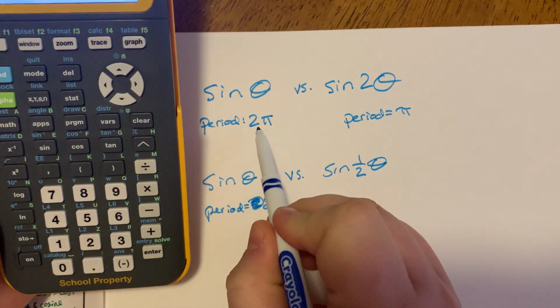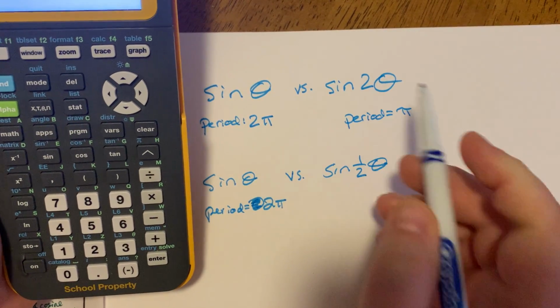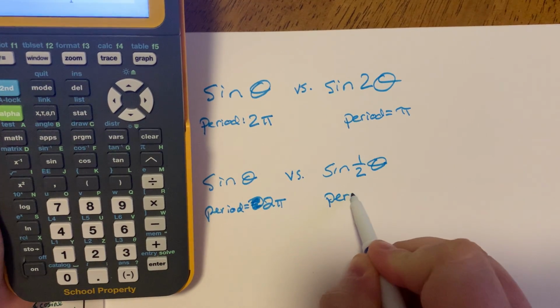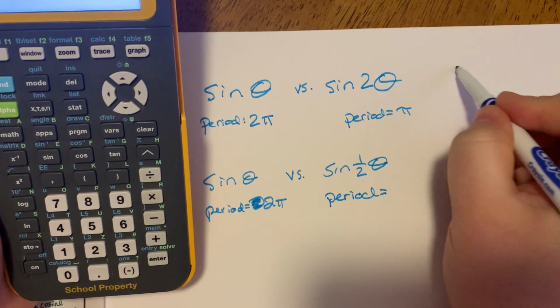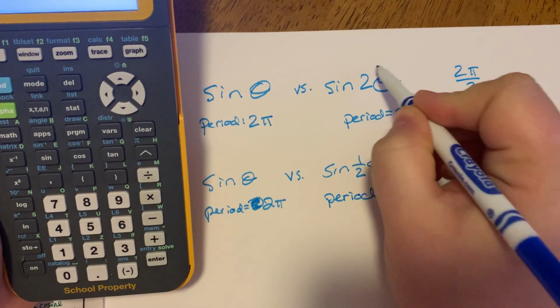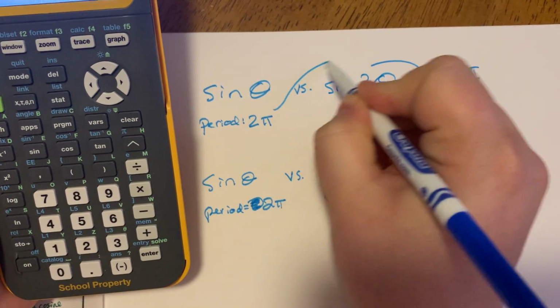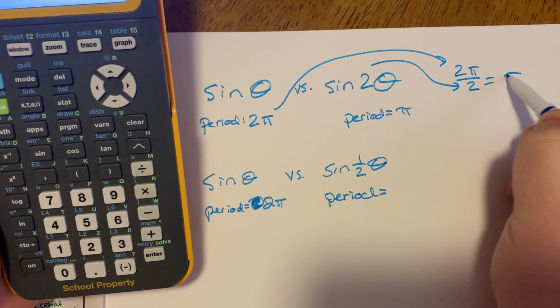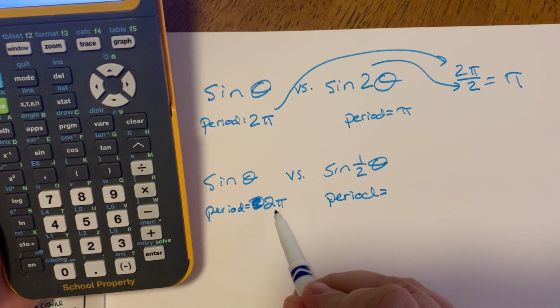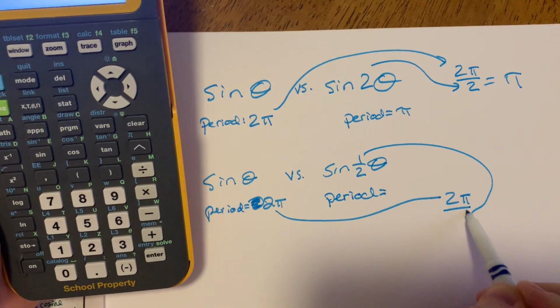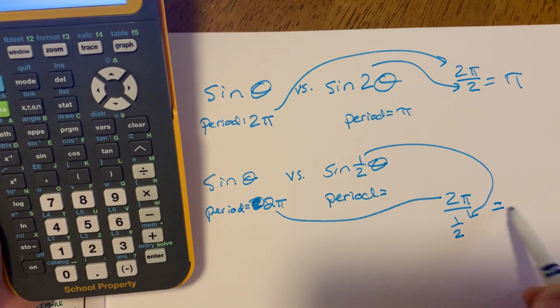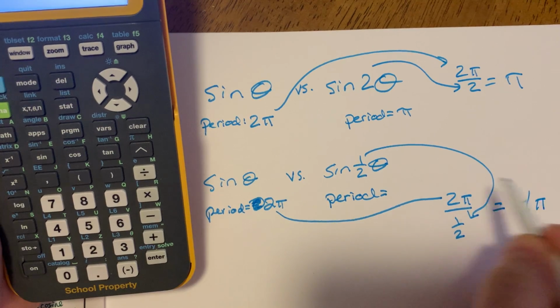So what we did here is we divided our period by our coefficient. So our period is now, because 2 pi divided by 2 gives us pi. 2 pi divided by a half gives us 4 pi.